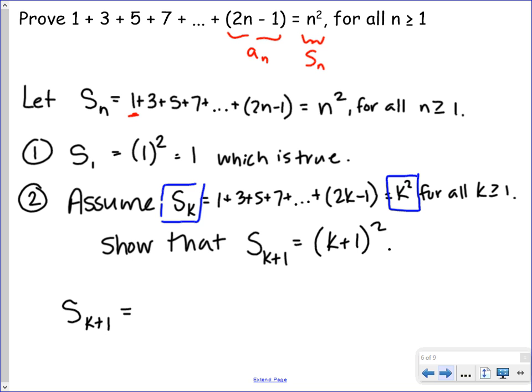Okay, so we're going to write that out again. And I would go all the way up till 99, 2 times 50 minus 1.